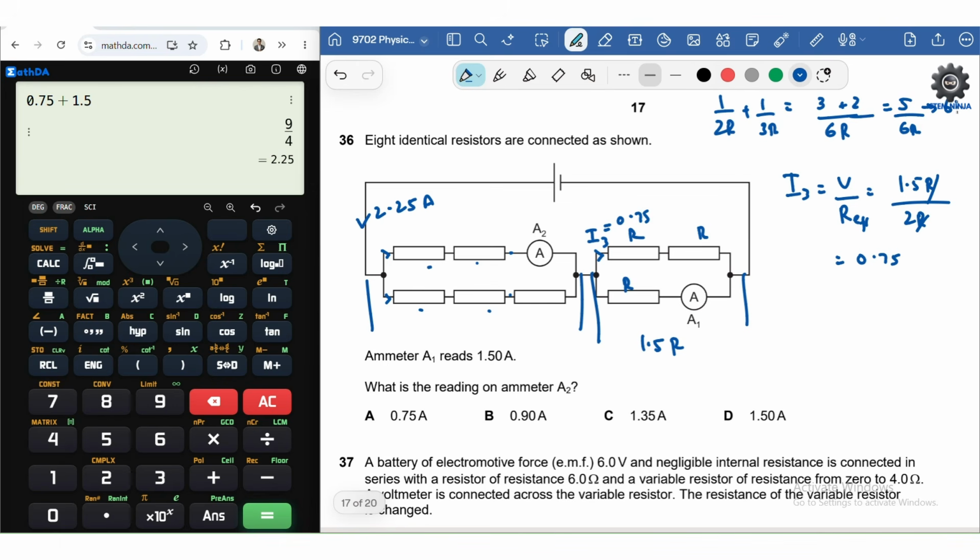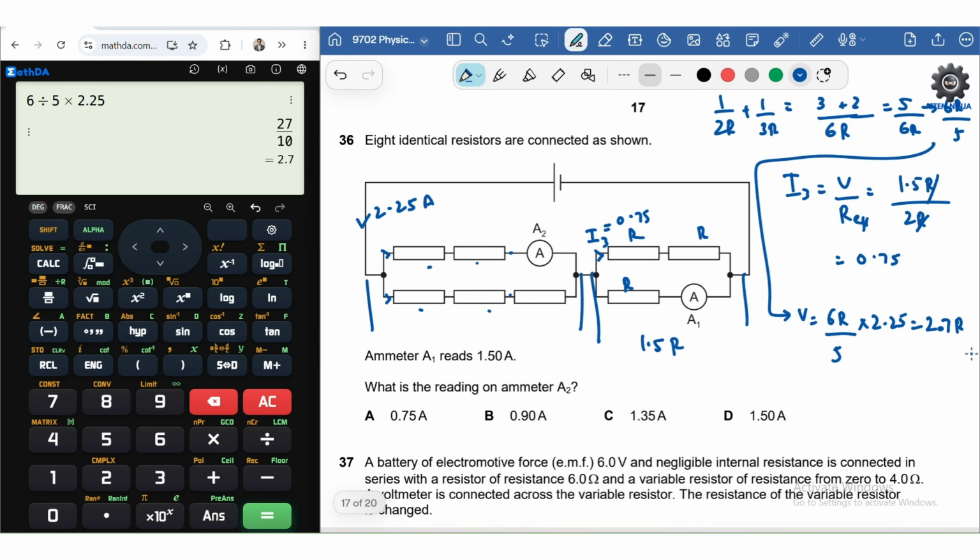So this is your 6R over 5. Okay, so the potential difference is going to be 6R over 5 times 2.25. So 6 divided by 5 times 2.25 is 2.7. So 2.7 R.